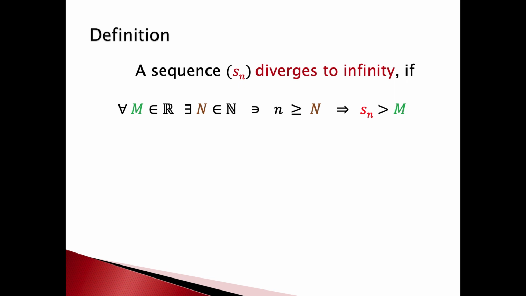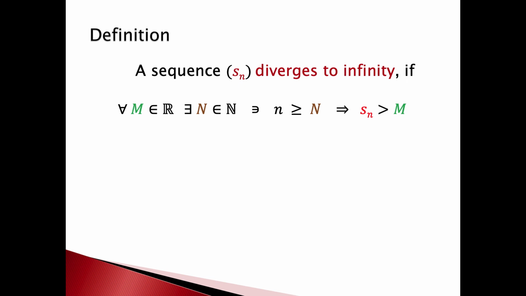So if you have some sort of a sequence Sn, it diverges to infinity. Notice I'm being careful not to say converges to infinity because it doesn't really fit the definition we've already used for convergence, right? So we'll say it diverges but goes off to infinity. It diverges to infinity if, well, if you look at the structure of this, it looks an awful lot like what we've had before for converging.